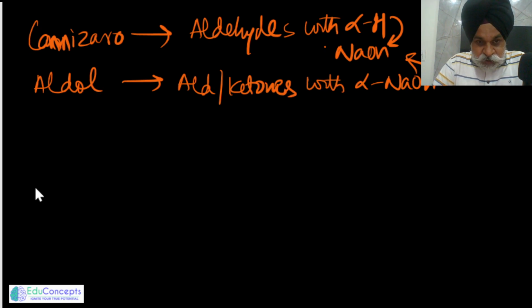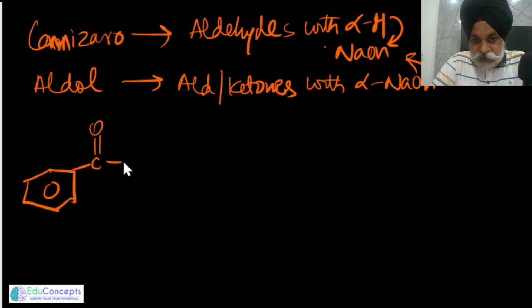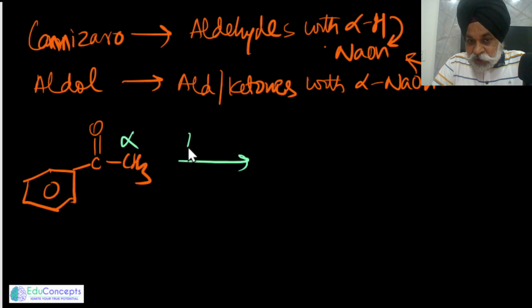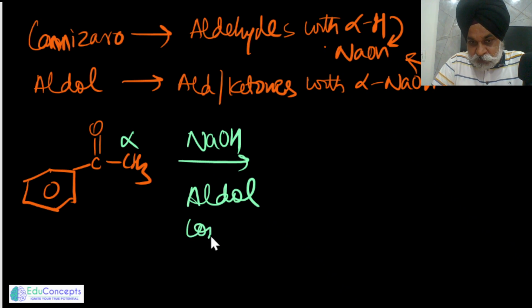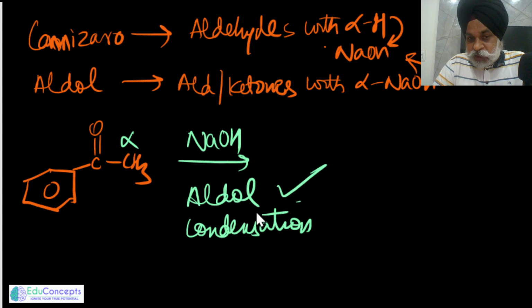So the point here is if you have acetophenone, which clearly would show there is alpha hydrogen. So on reaction with NaOH, it would undergo aldol condensation rather than Cannizzaro. So it will not undergo Cannizzaro, it would undergo aldol condensation.